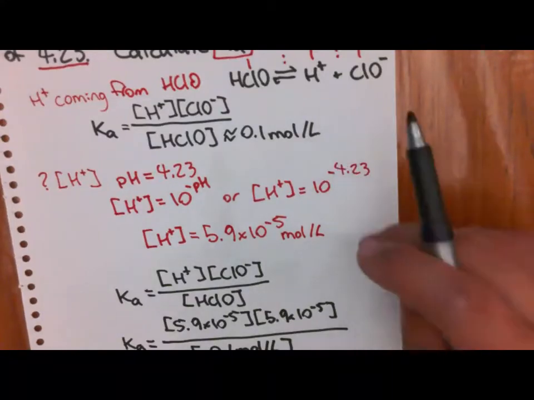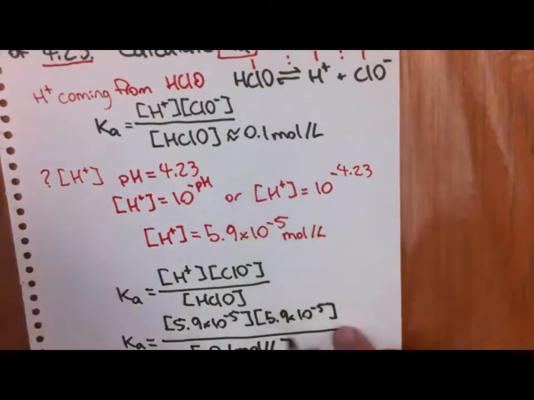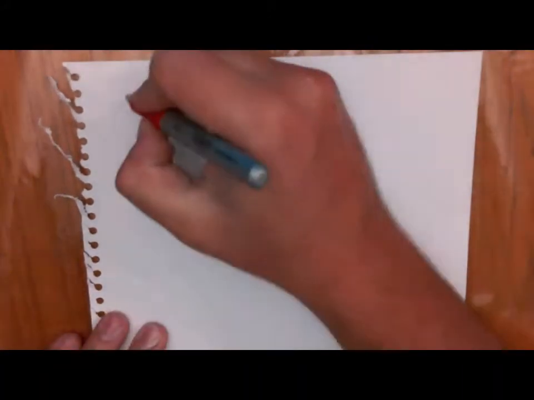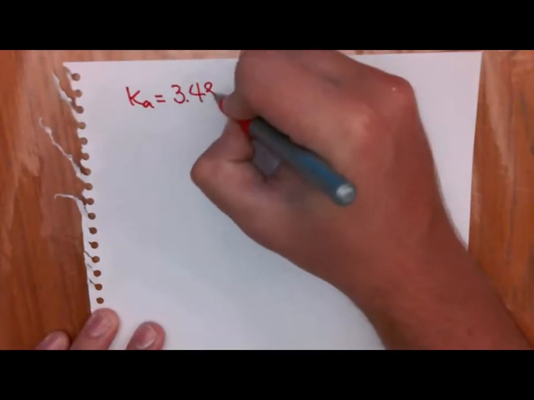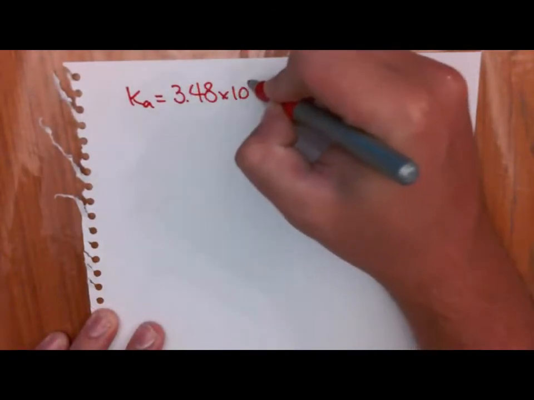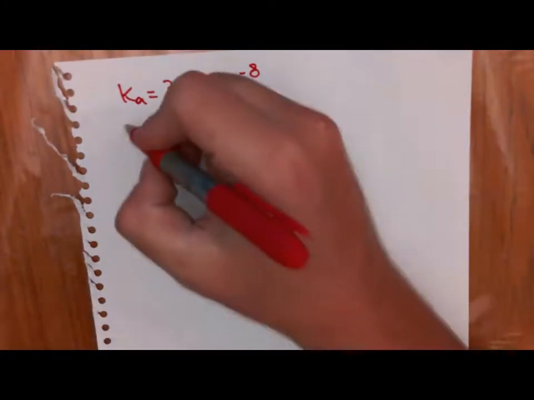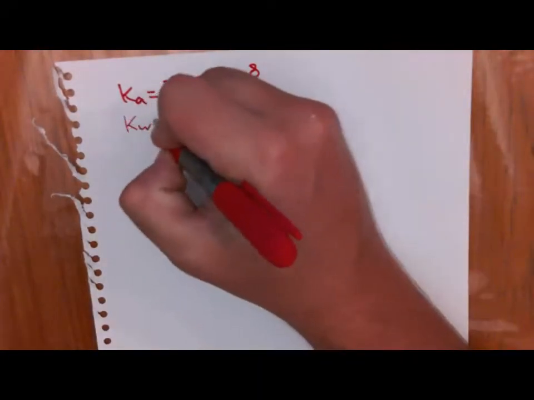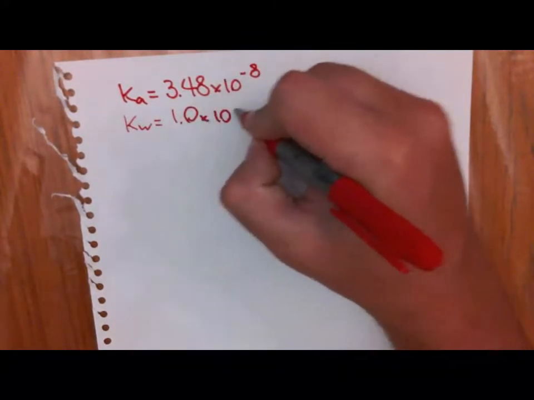So if I just bring it over here, our Ka value that we calculated was 3.48 times 10 to the negative 8. And we can now look at our Kw, which is 1.0 times 10 to the negative 14.